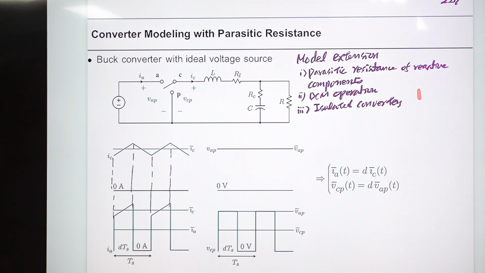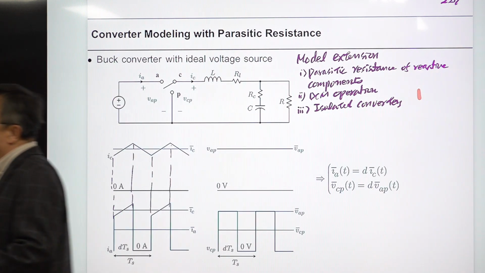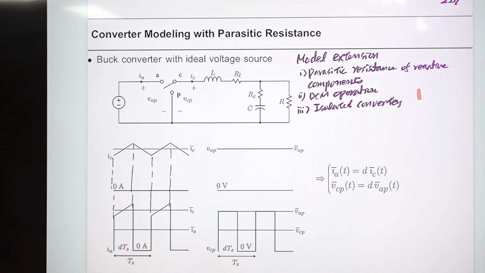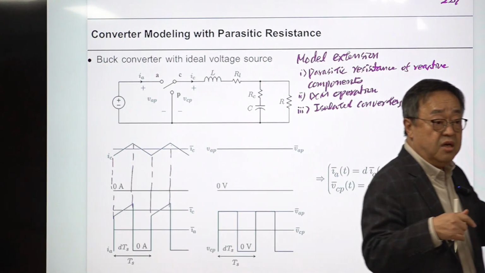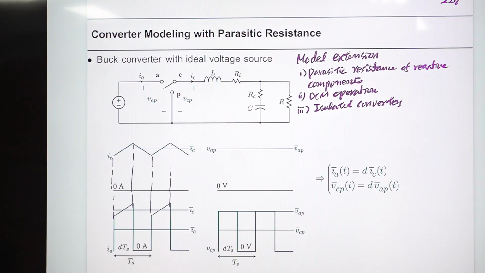and another one is the DCM operation. So we didn't cover DCM operation. In DCM operation, power stage waveforms are entirely different from the CCM operation, and the average equation and the small signal equation are entirely different. Transfer functions are also different. Okay? So how to consider this is the second one.